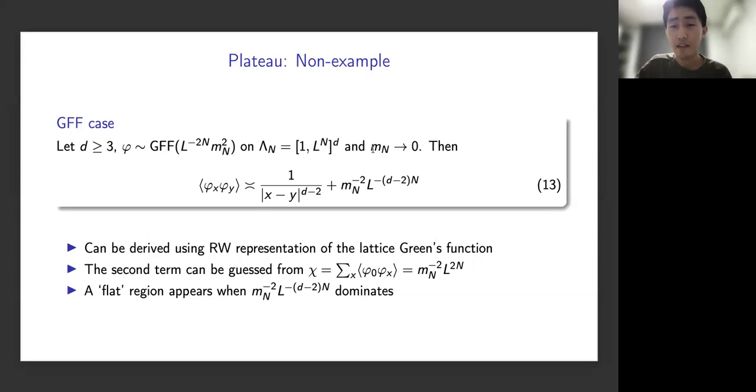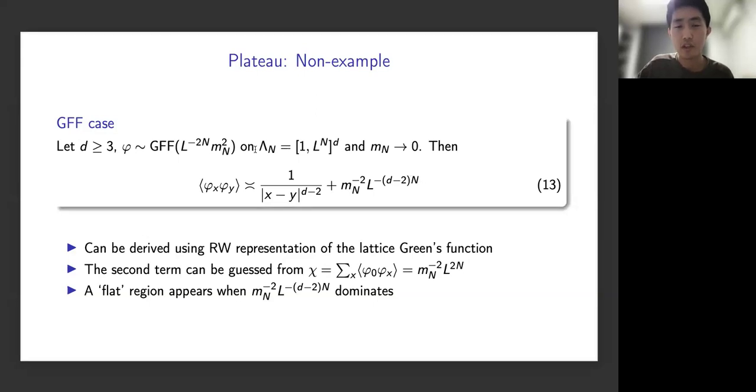And when m_n tends to 0, the 2-point correlation function has two main contributions. One is the polynomially decaying part, and the other is the constant term. You can derive this asymptotic using the random walk representation of the lattice Green's function. This constant part can be considered as a result of the recurrence of the random walk on a discrete torus.